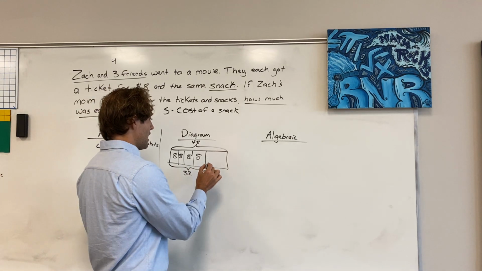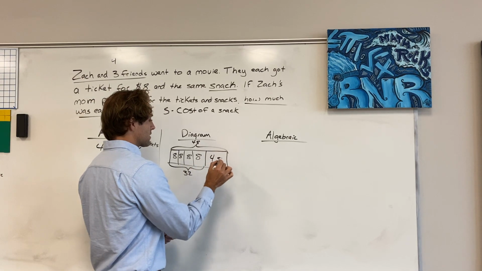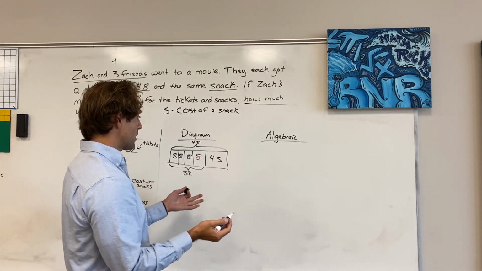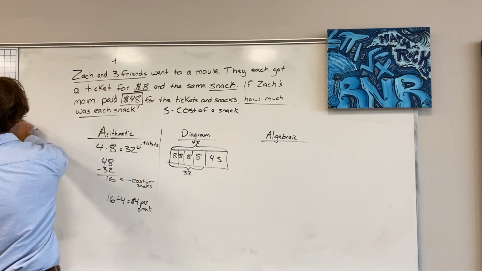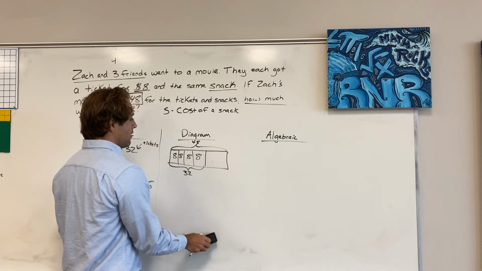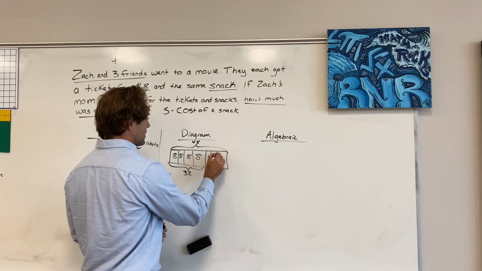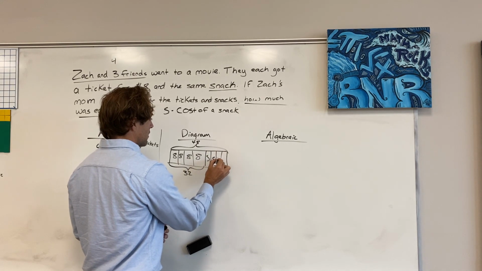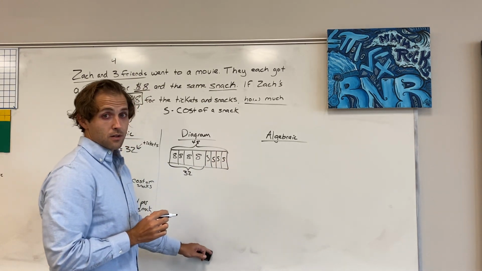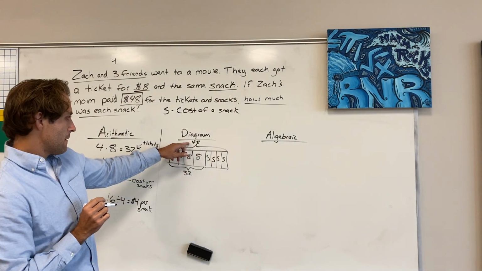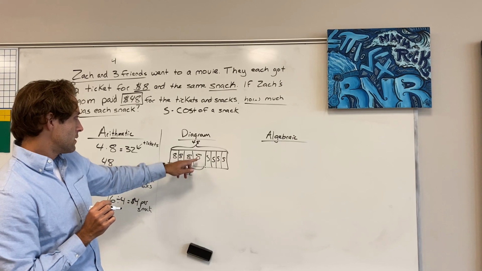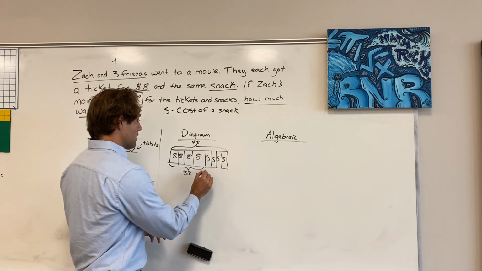And over here I had 4 snacks. I could draw it as 4, I could write it as 4S, or I could put 4 boxes. Let's actually do that. Let's go ahead and say I have 4 snacks. So that's snack, snack, snack, 4 snacks. Okay, these 4 snacks, if the total was 48, the tickets were 32, 48 minus 32.